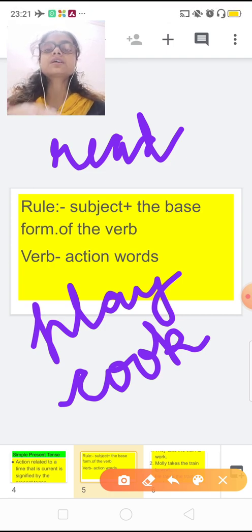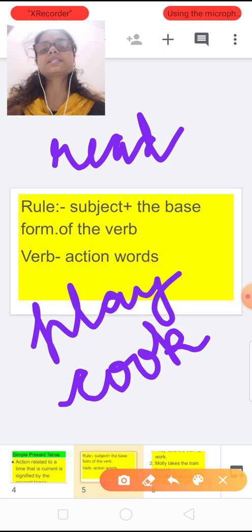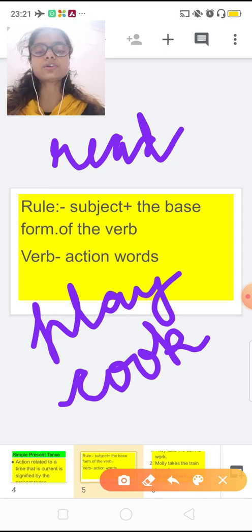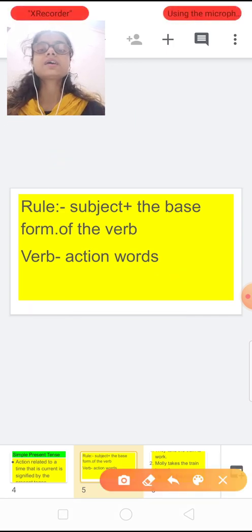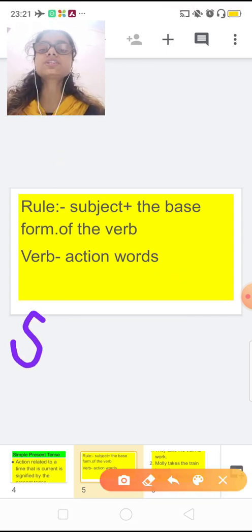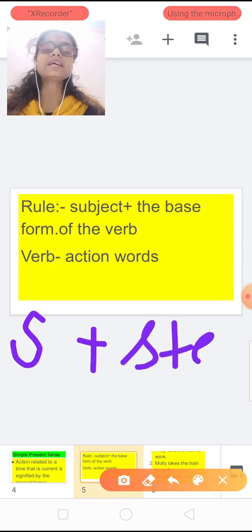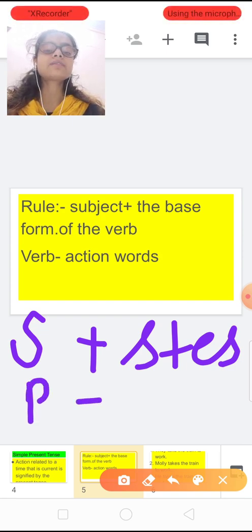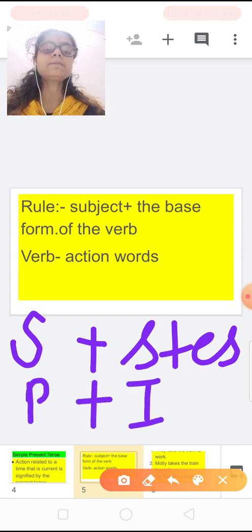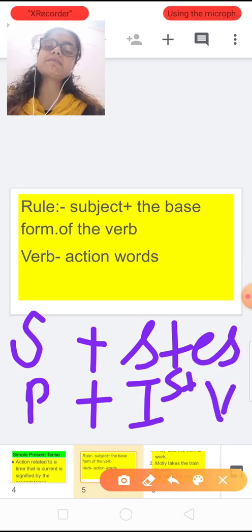Now you will wonder how the teacher is saying Ritu reads is correct. There is another rule in the simple present tense: with a singular subject we use s or es, and with a plural subject we use only the first form of the verb.